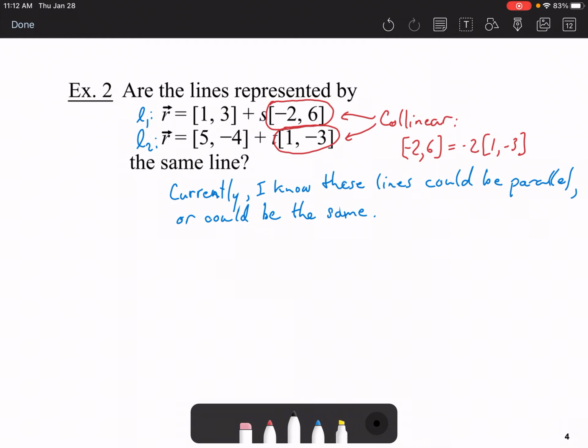So maybe we can find our parametric equations for one of these lines. Let's do L2. So write down your parametric equations, pause the video, and work that out.